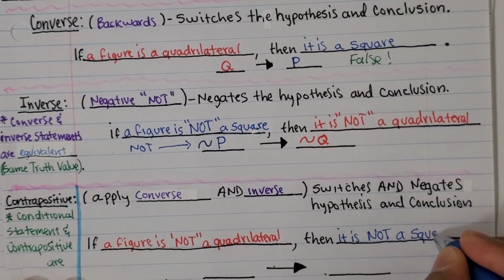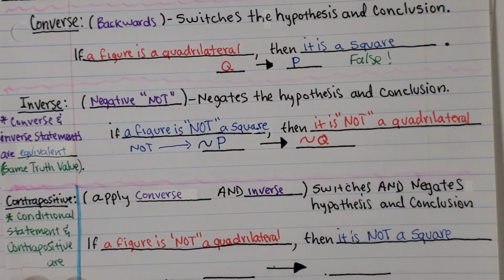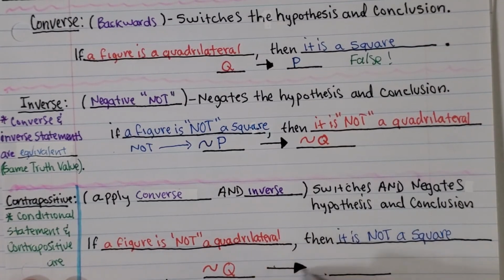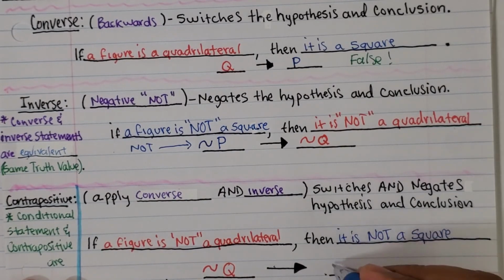So I just switch them and negate them. Using symbols, you would say not Q implies, that's what the arrow means, don't forget that, not P.